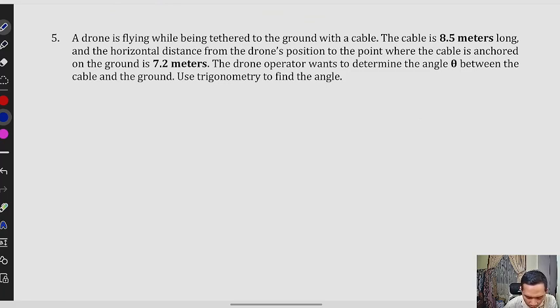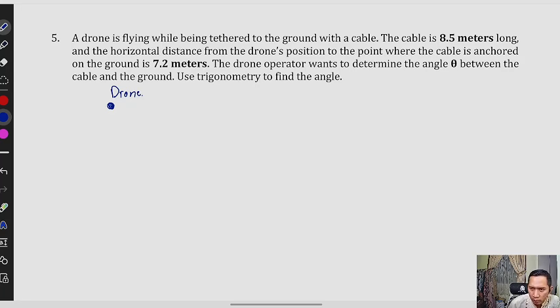Number 5: a drone is flying while being tethered to the ground with a cable. So we have a drone, we have a cable. Let's imagine this is the drone tethered with a cable.